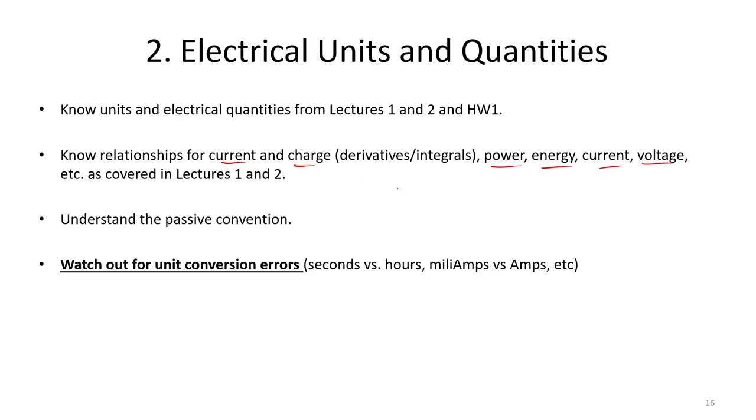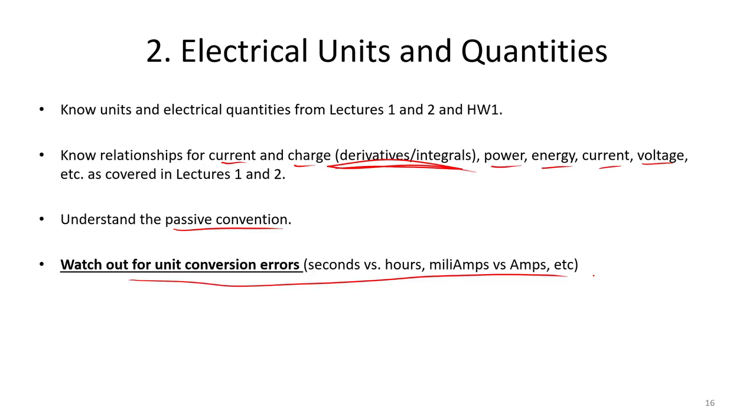We also talked about how current is the time derivative of charge and the derivative and integral relationships. We also learned passive convention and learned about how to avoid unit conversion errors. Please make sure that you are comfortable with each of these topics. And remember, you're welcome to review our Lecture 1 and 2 videos if you need a refresher.